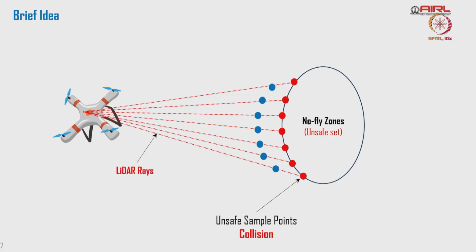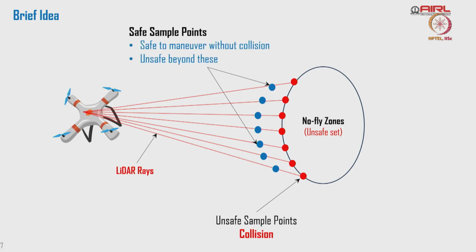Okay, so the red points are called unsafe sample points. If you come till this point then it will be a collision. But if you come till the blue point, you are safe, because the turning radius is sufficient for the drone so that it can turn and then cross the obstacle by moving on the tolerance boundary.